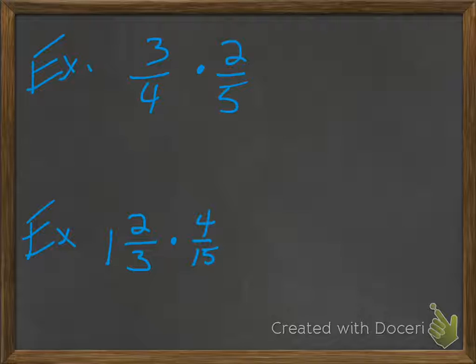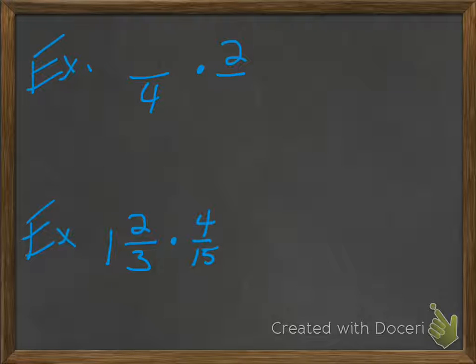Here's two of them. There's no mixed numbers, so we don't have to worry about it on this one. So the first thing we're going to do is reduce. And this is how you can look at it. Can I reduce 3 over 4? No. Can I reduce 2 over 5? No. So now you're going to look at it like this. Can I reduce 2 over 4?